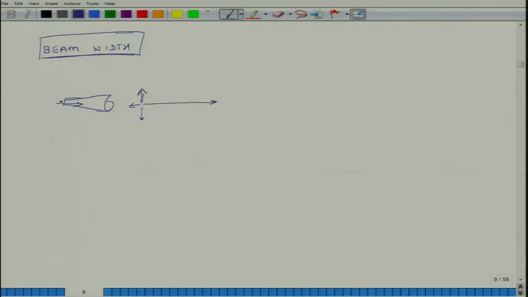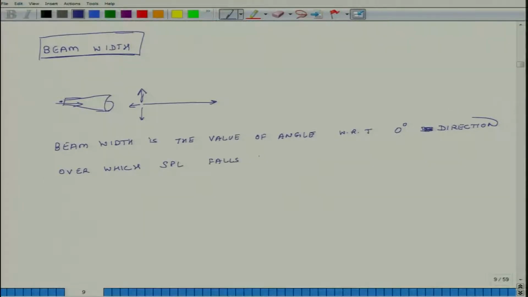So, we will first define it. Beam width is the value of angle with respect to 0° direction over which sound pressure level falls by 6 decibels.